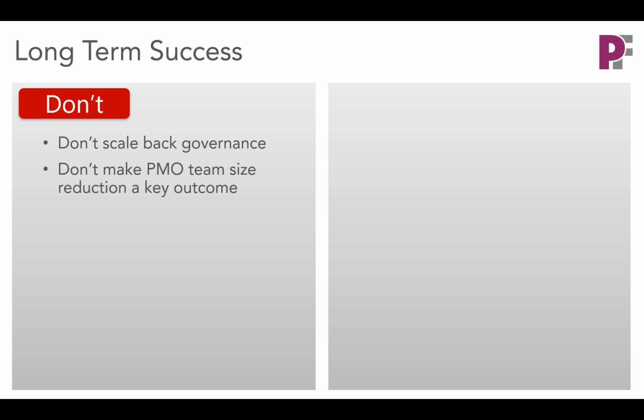Don't necessarily make that part of the PPM tool business case, because people will still be required to support the tool and its users. And in that, you can't take your foot off the gas. Now that the tool is there, your work really starts in driving its adoption.